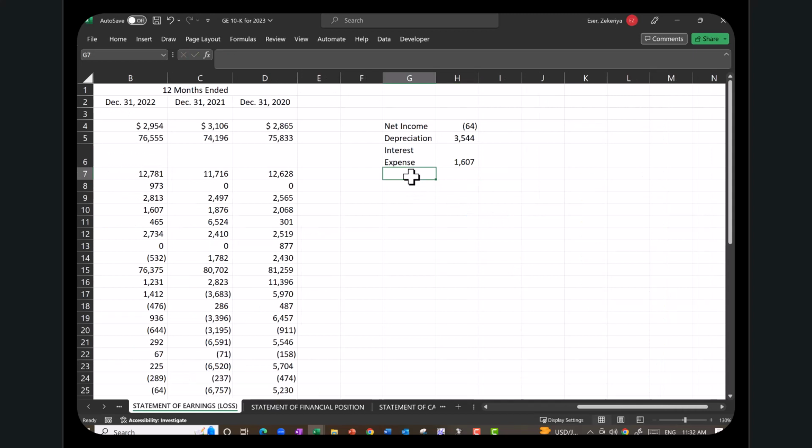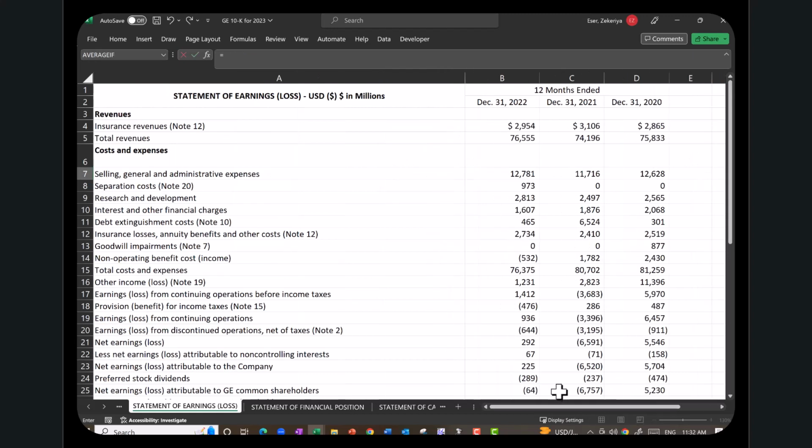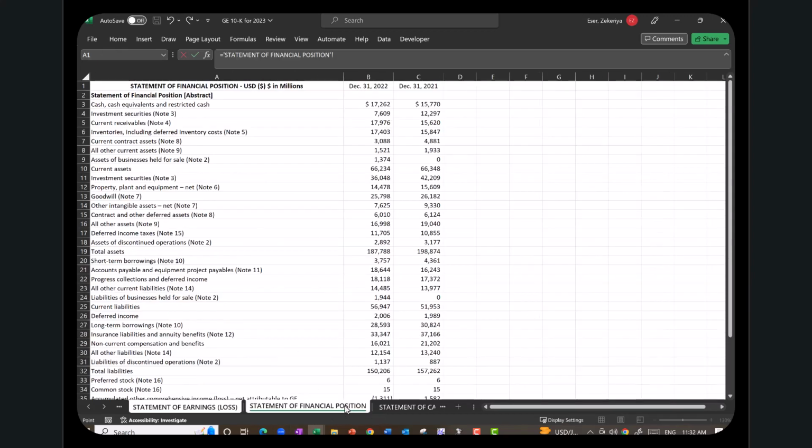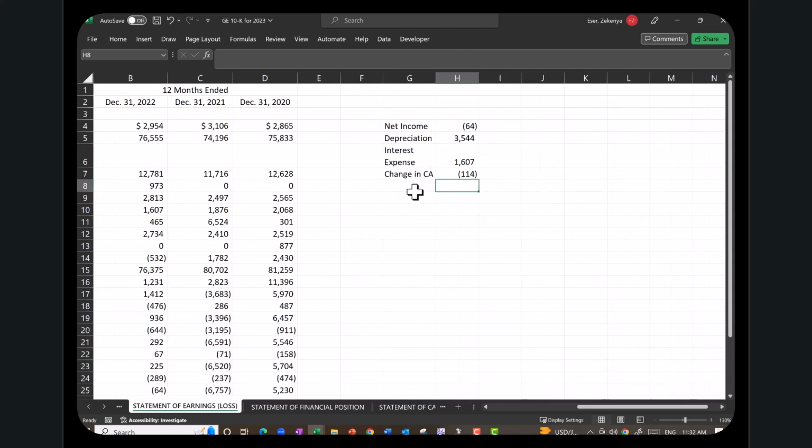I'm going to have change in current assets. And that's going to be in the statement of financial position, which is the balance sheet. That is the total current assets. Current assets this year minus current assets last year. They actually reduced their current assets.